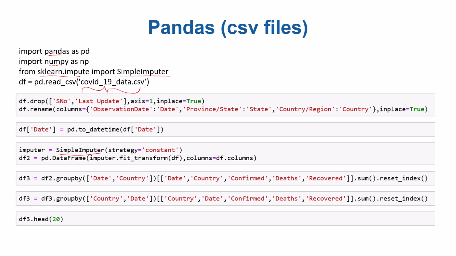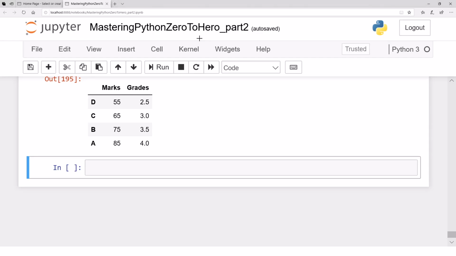but I could have used this data frame fillna function or something like so, but I'm just using that one. Okay, after importing all these, what I did is I just called the pd.read_csv function and I loaded that data, and then I did this stuff one by one. Let's spend some time on all these commands one by one, and let's see in Jupyter Notebook what is happening. Let's go to Jupyter Notebook and actually read that file and do whatever we are doing here.